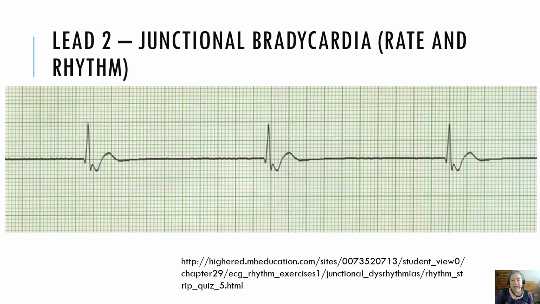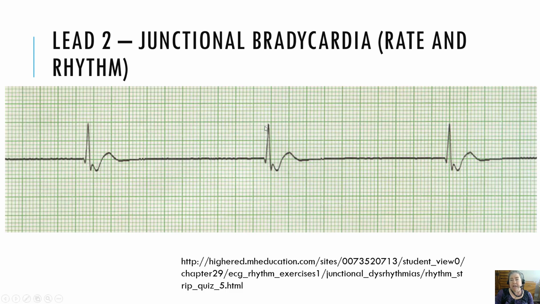So let's count boxes. 1, 2, 3, 4, 5, 6, 7, 8, 9, 10. Okay. And so this is a rate of about 30, I believe. Yep. So there is only an impulse every 2 seconds.